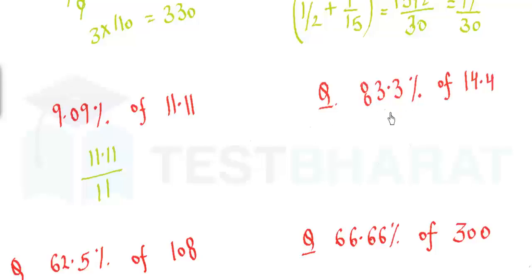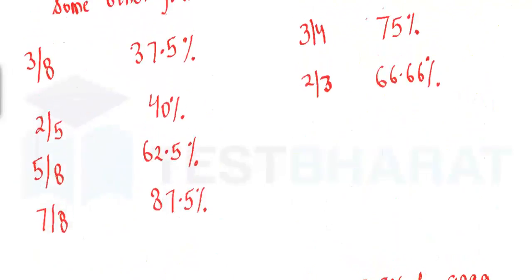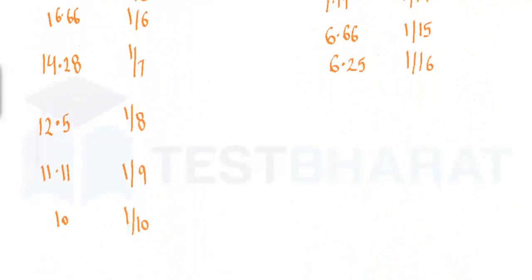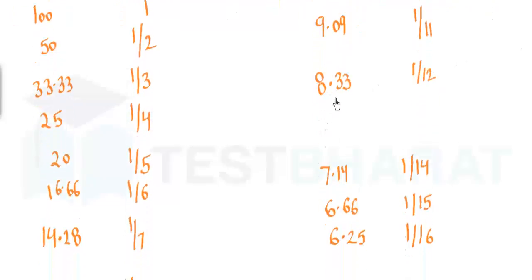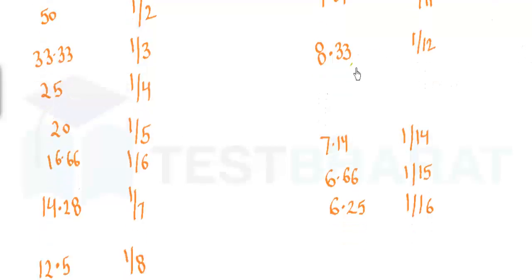In this question, I have to multiply 83.3% of 14.4. So 83.3%, here also we can use this. For 8.33%, I know the fraction is 1 by 12. So what I can do is simply multiply both sides by 10. So this will become 10 over 12, and this will become 83.3.